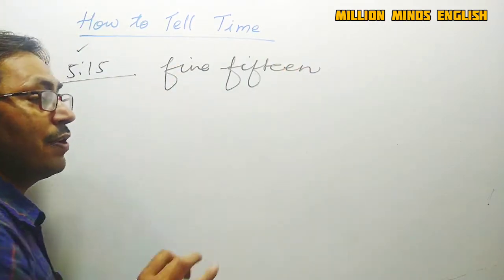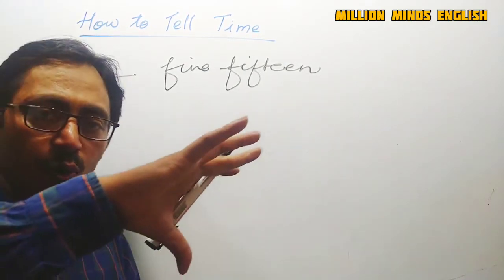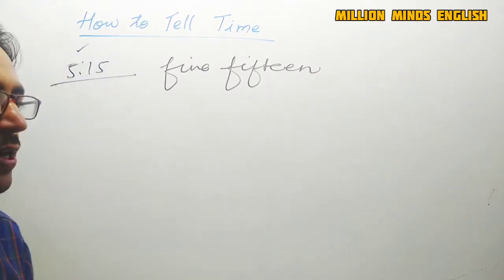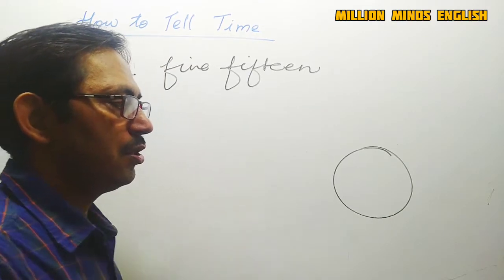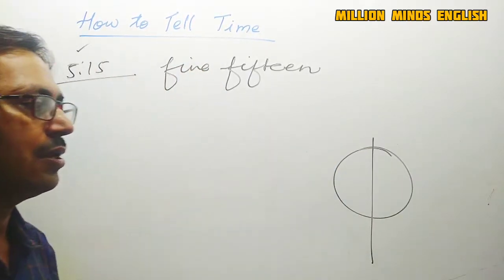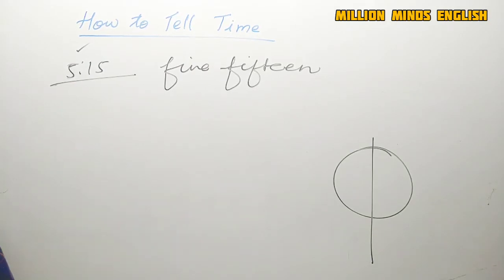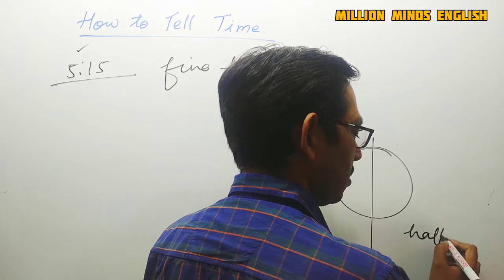It's 5:15. Clear, friends? Second thing, you can see that a whole hour is divided. If you have a whole hour, you can divide it into two parts. If you divide it into two parts, you say half past.